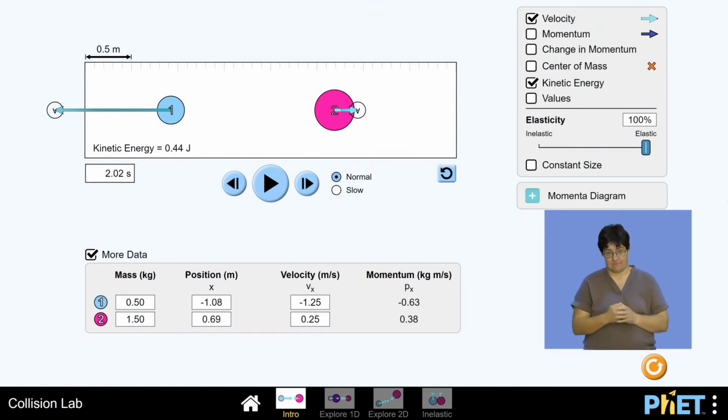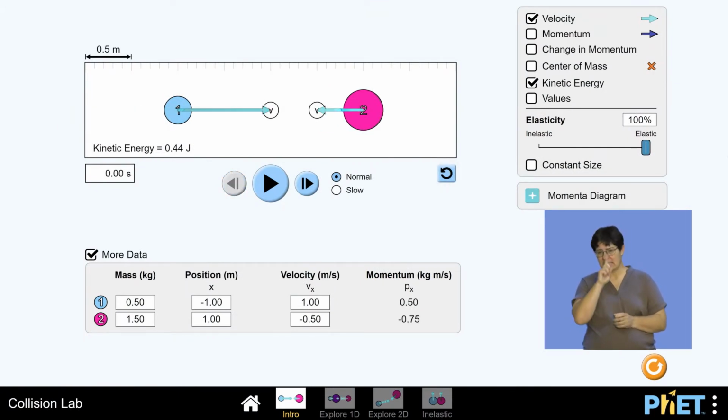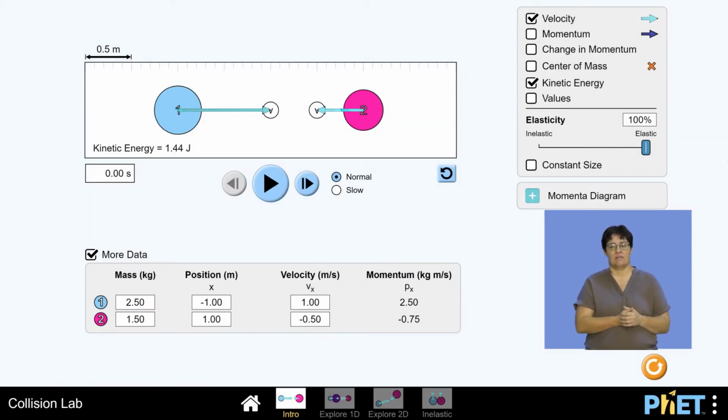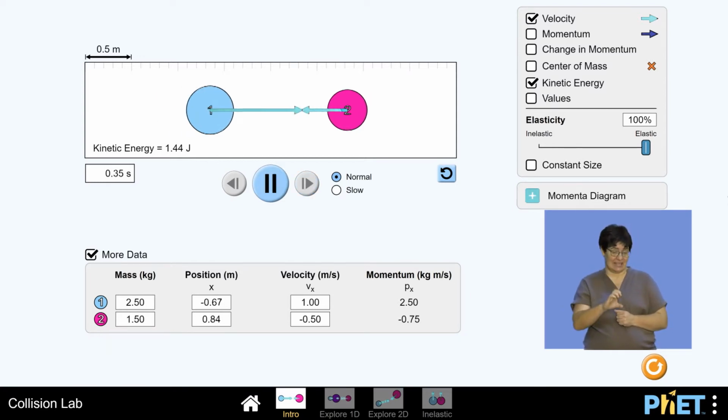So let's just see if that's always the same. Let's reset this. Let's make the mass of my first object a bit bigger. I've made it 2. Look what happened to the total kinetic energy. It's now gone to 1.44. I've still got it as an elastic collision. Let's let them go.